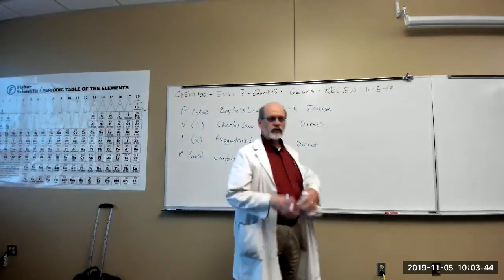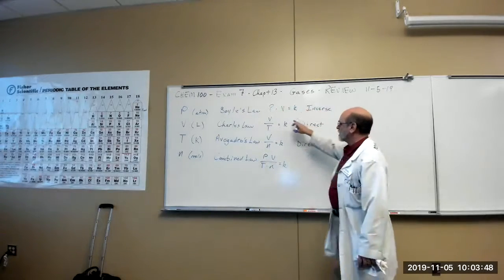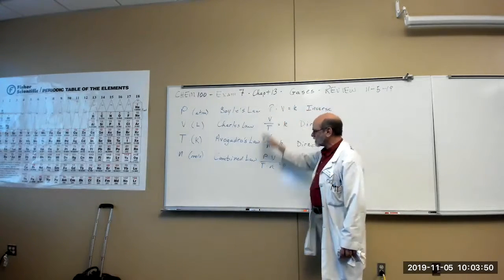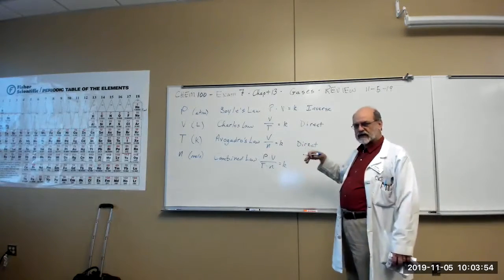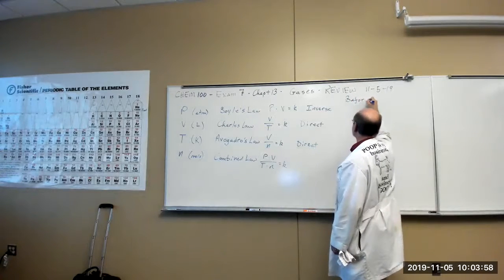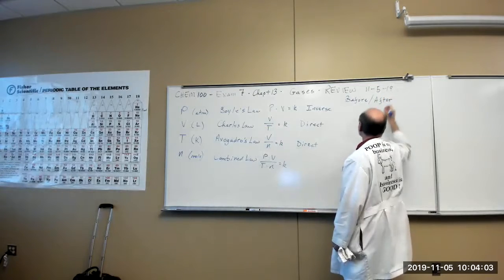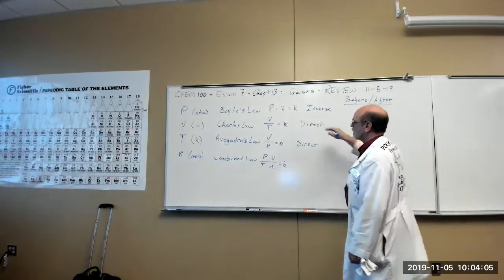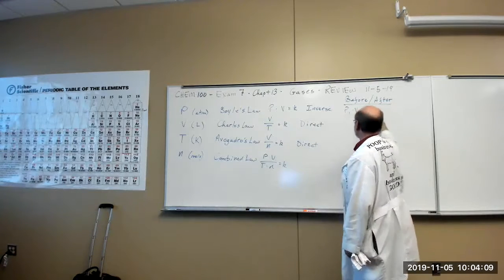Now, useful forms of these laws. All of these laws can be used in situations where you have before and after conditions. So Boyle's law would be before equals after.